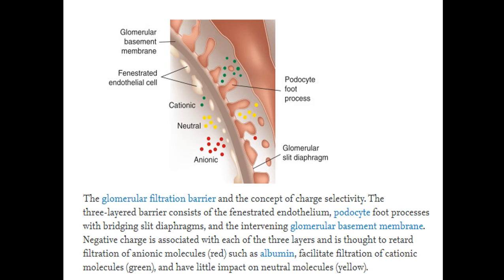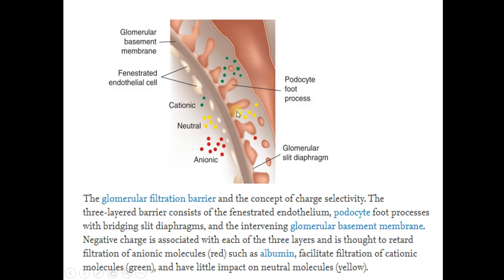Now, outside the glomerular basement membrane, there is the epithelial layer of the podocytes, which form the visceral epithelium of the filtration barrier. And these podocytes have their foot processes and they wrap around the glomerular basement membrane, and the foot processes interdigitate, and in between the interdigitated foot processes there are filtration slits.